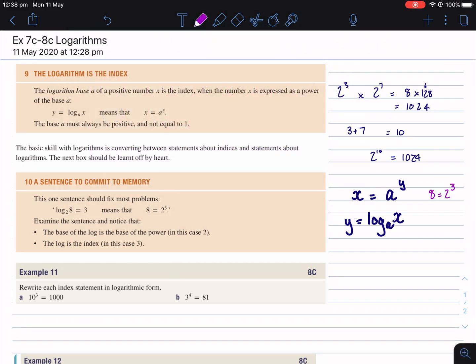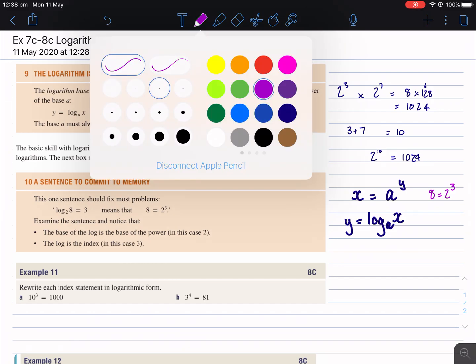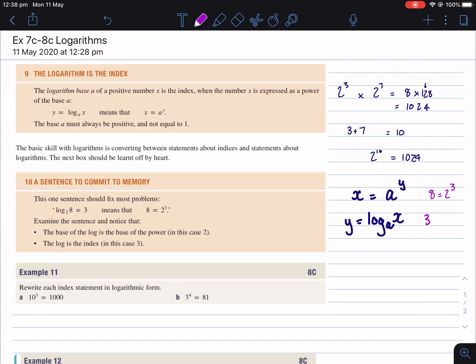So if you didn't know this was 3, it's just a different way of writing the same information, but we can do certain things in this form that we can't in this form.